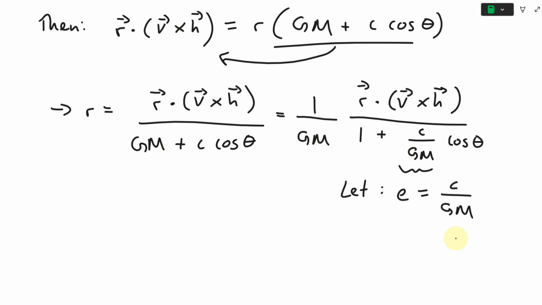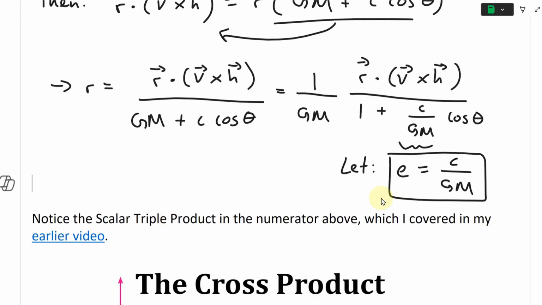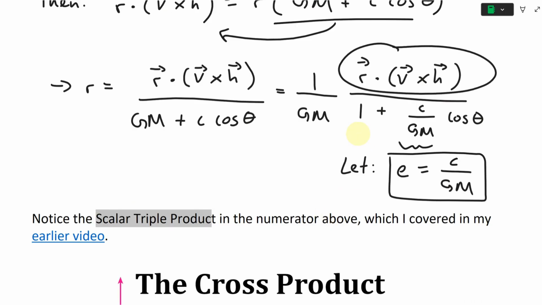We'll keep this here, and again, it looks like the eccentricity of an ellipse in polar coordinates, so we'll get to that in a bit. I'm going to keep this like that, and we're going to replace that in soon. Now notice the scalar triple product in the numerator above, which I covered in my earlier video.